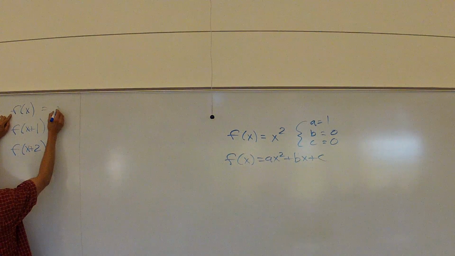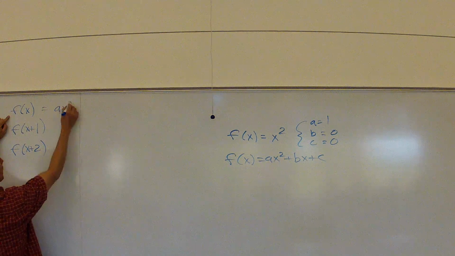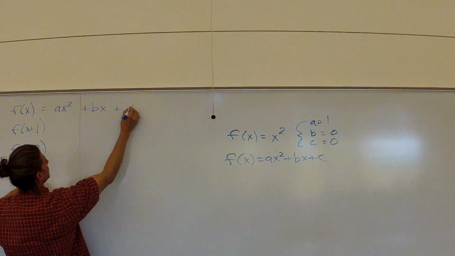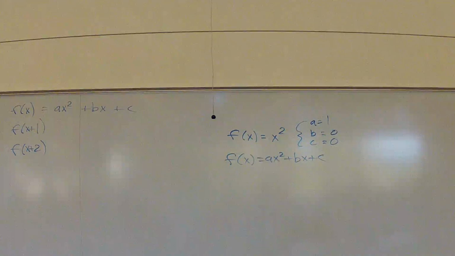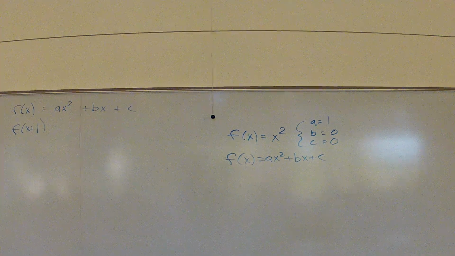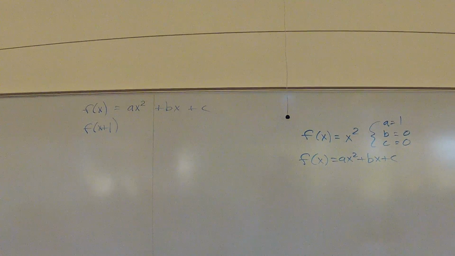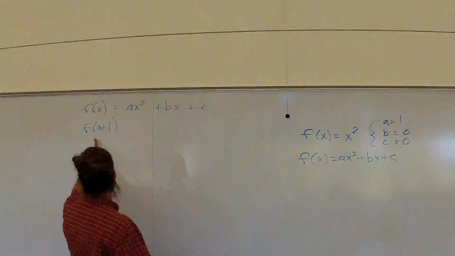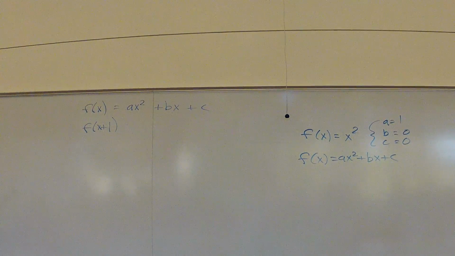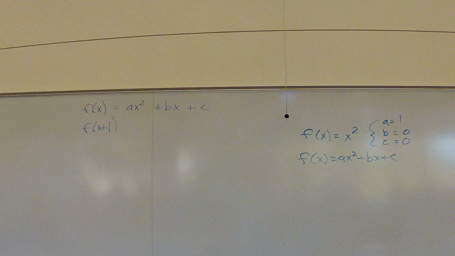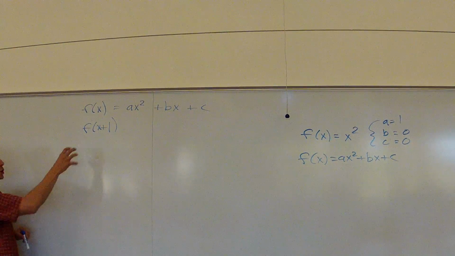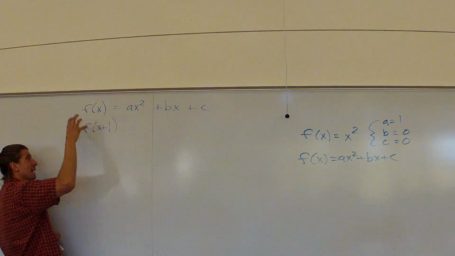I know f of x is ax squared plus bx plus c. What does this mean, f of x plus 1? Actually, we're using function notation. It looks like f times x plus 1, but what it means is you're sticking this into the function.